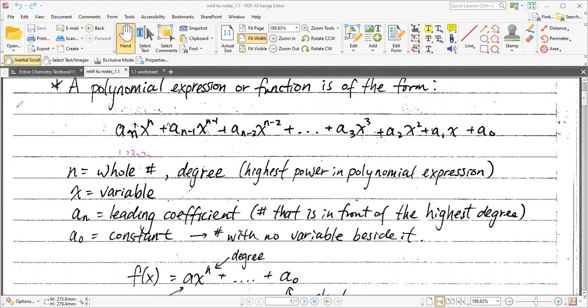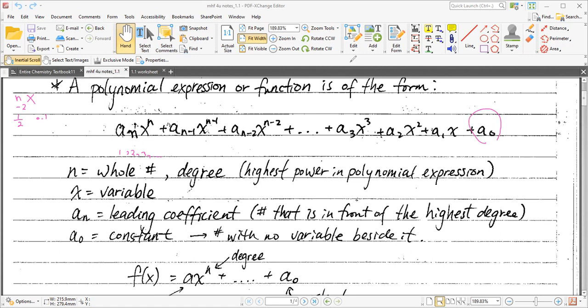Just make note, you cannot have the power be negative, or a fraction, or any decimal. n cannot be these, just a whole number. x is the variable. a_n, the coefficient of the highest power, is your leading coefficient. And a_0, the last one here, is the constant.